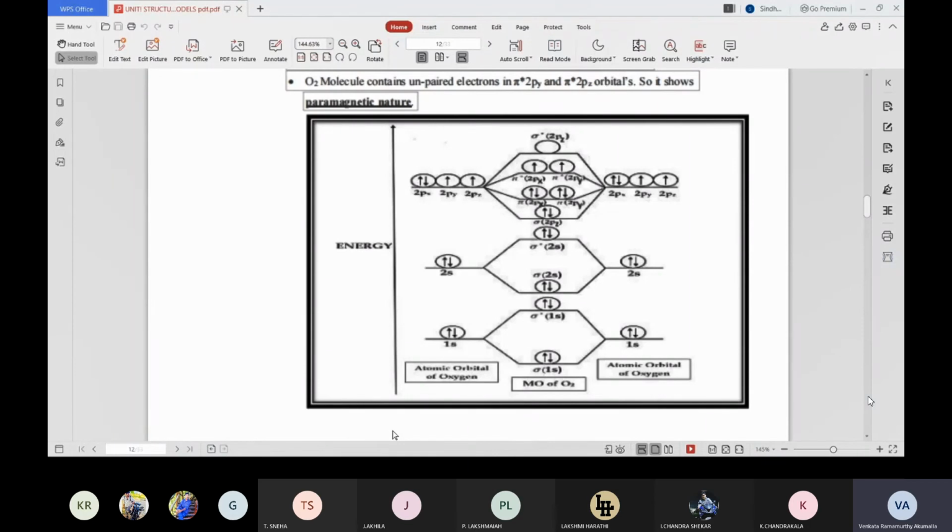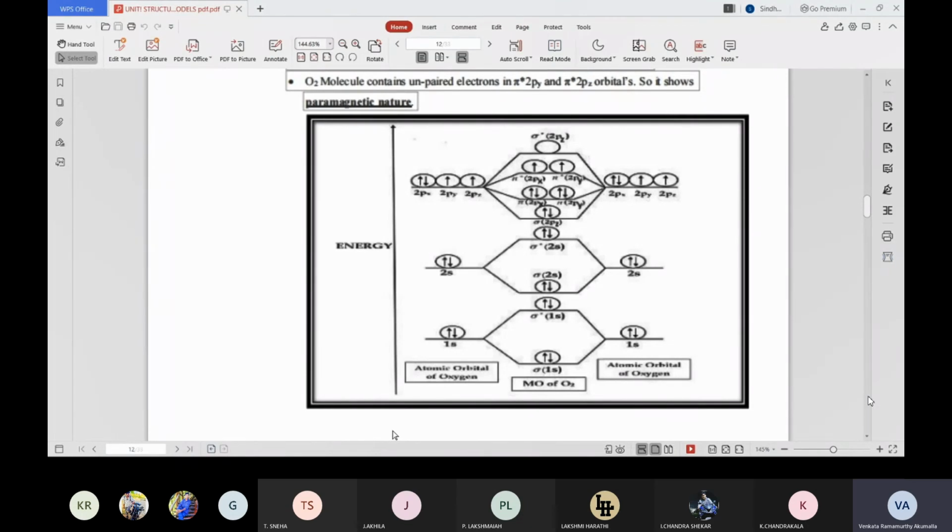Today I will be explaining the molecular orbital theory. What is meant by the molecular orbital theory? The salient features of molecular orbital theory: it depends upon three laws, Pauli's law, Aufbau law and Hund's law. These three laws are a must for the smooth running of molecular orbital theory.